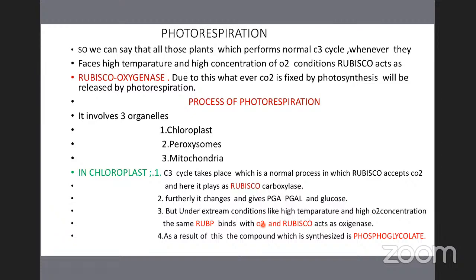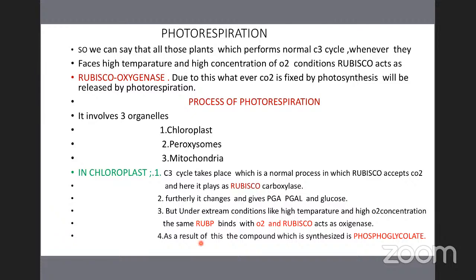Under this high temperature and high oxygen concentration, RUBP binds with oxygen, where Rubisco acts as RUBP oxygenase. So under these conditions, Rubisco acts as an oxygenase, which helps in binding oxygen with RUBP.